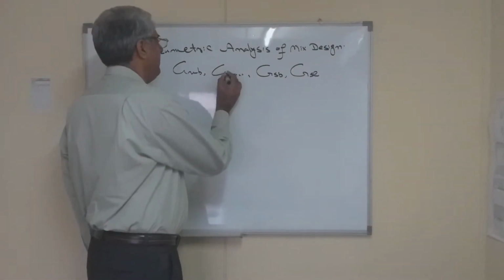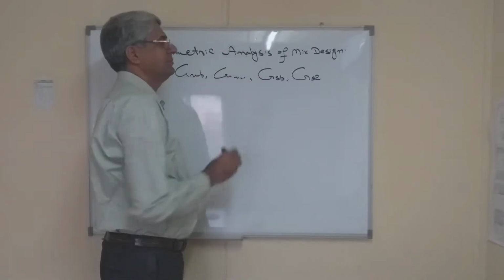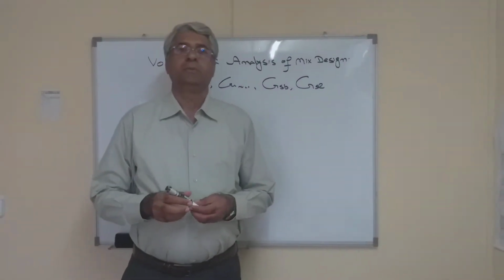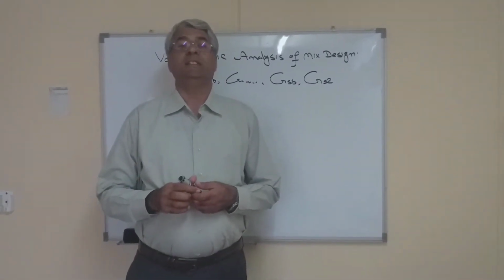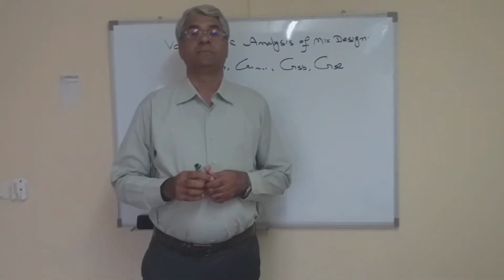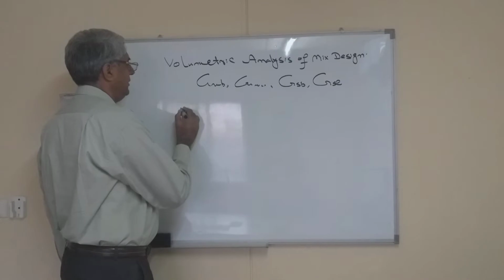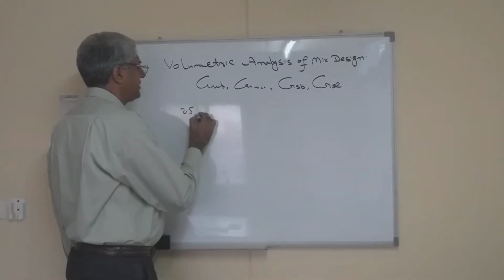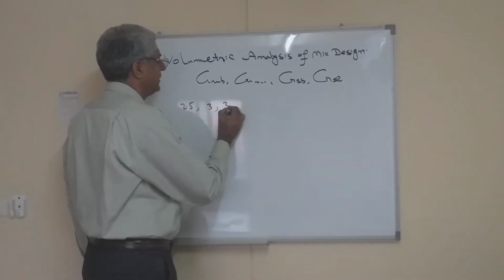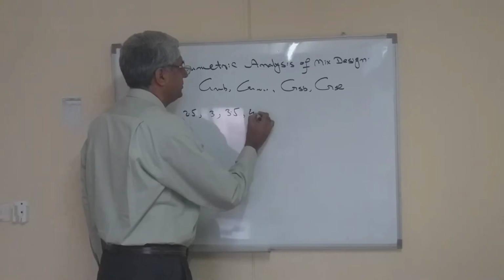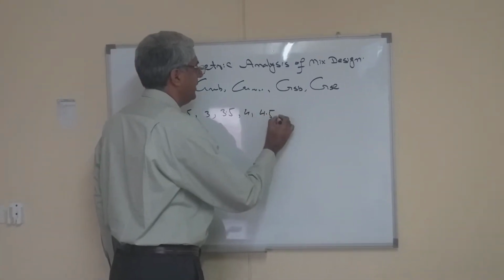This GMM is vital for this volumetric analysis at each asphalt content. Like we have used 2.5%, 3, 3.5%, 4, 4.5 and 5%.